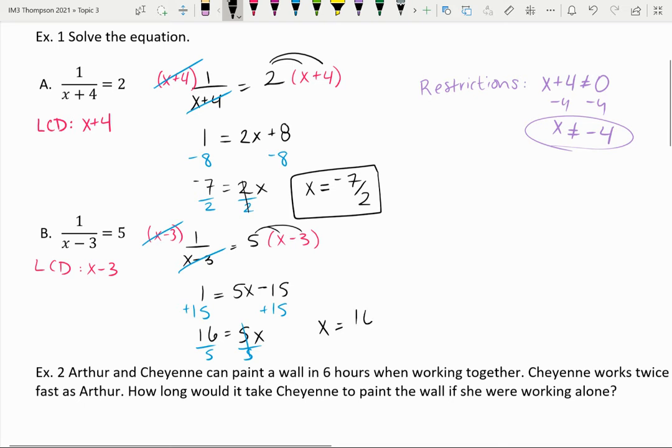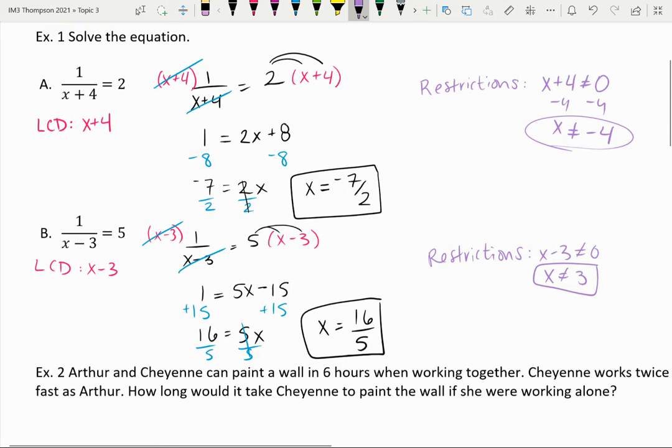Divide by 5, and it's 16 over 5. My restriction is that x cannot be 3. If x is 3, remember that gives me a 3 minus 3, which is 0. 1 divided by 0 is undefined. The whole thing falls apart.